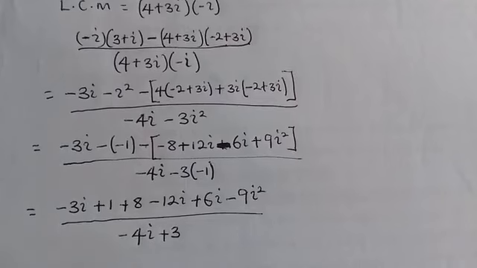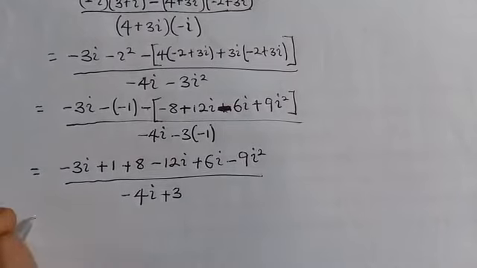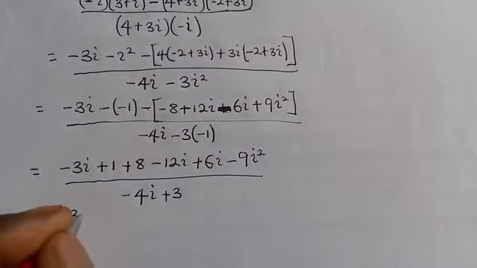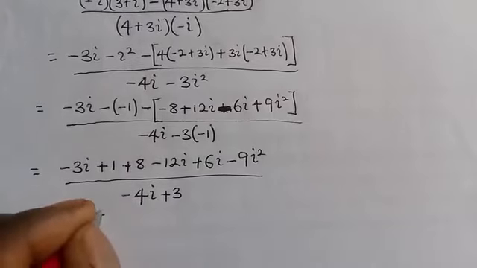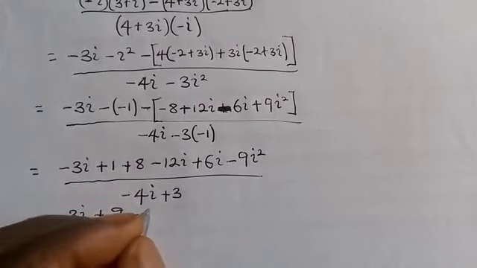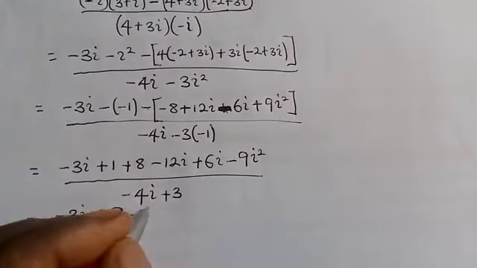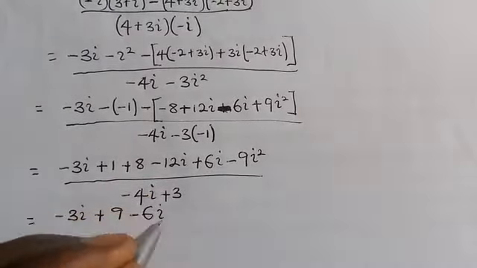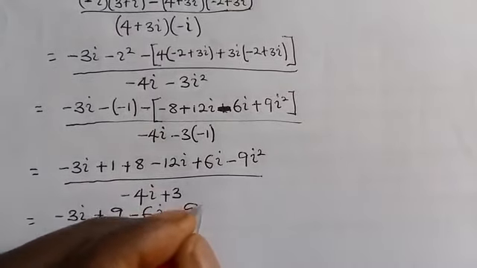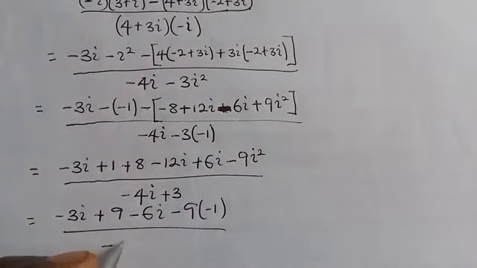Right? Next, we will have -3i plus 1 plus 8 is 9, minus 12i plus 6i, that's -6i. Then minus 9 into -1, divide by -4i plus 3.